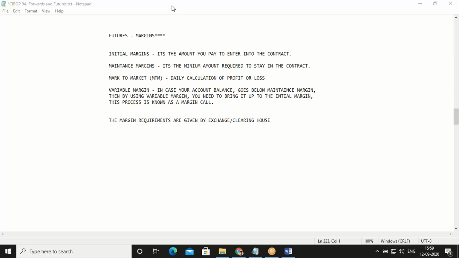The futures margins are considered in terms of buyer and seller. Both buyer and seller have to pay in order to enter into the futures contract, and they both have to pay the same amount.